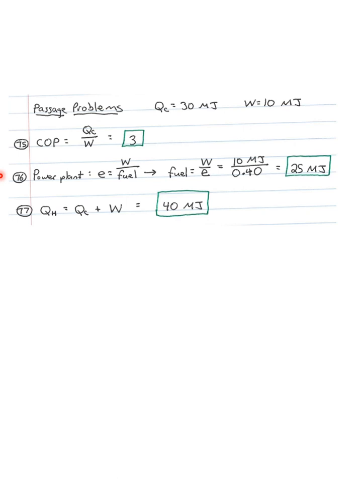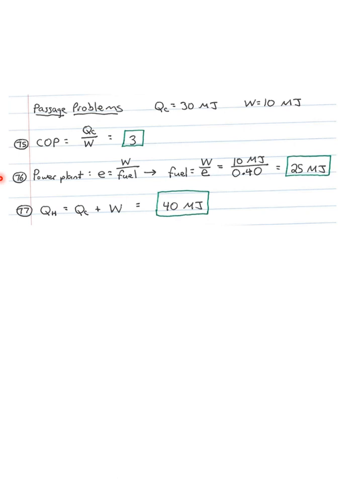Now, the work, even though at the power plant it's not work, it's electrical energy provided, but it's the W that applies to our refrigerator. It's the work that our motor does. So we're still calling it W. W over E, 10 megajoules over, and it said in the passage it's a 40% efficient coal-fired power plant. So 10 megajoules divided by 0.40 means that the energy consumed at the power plant is 25 megajoules.